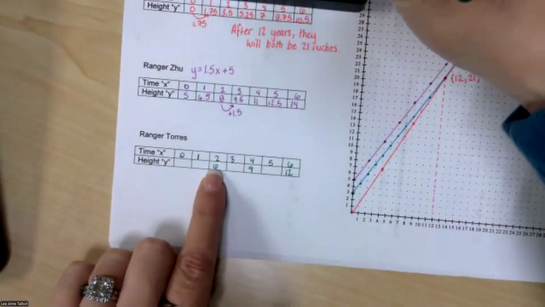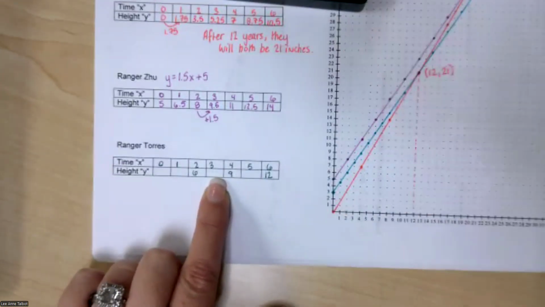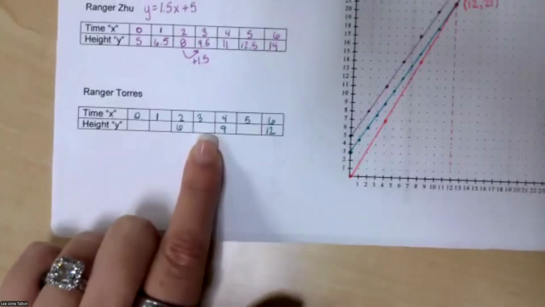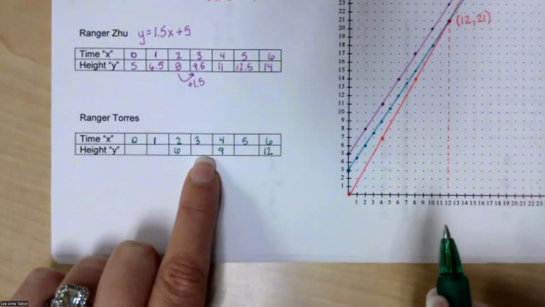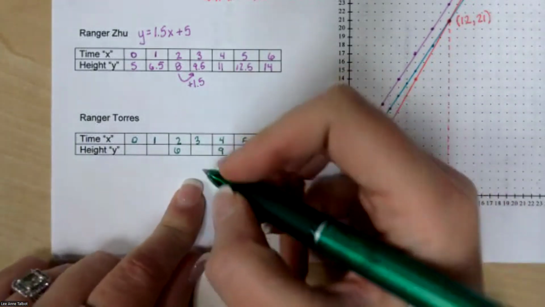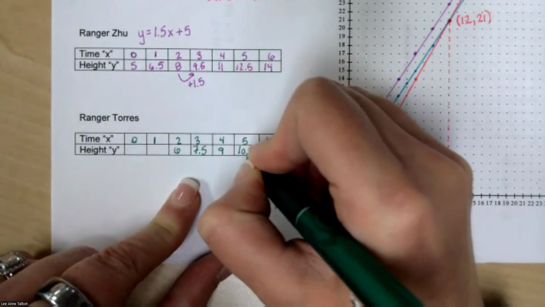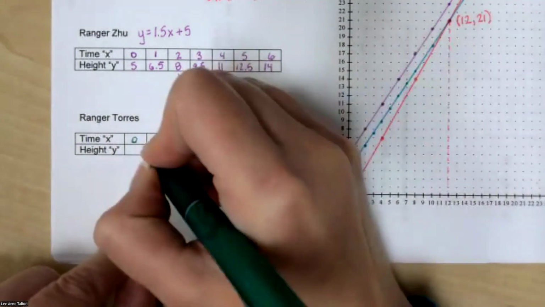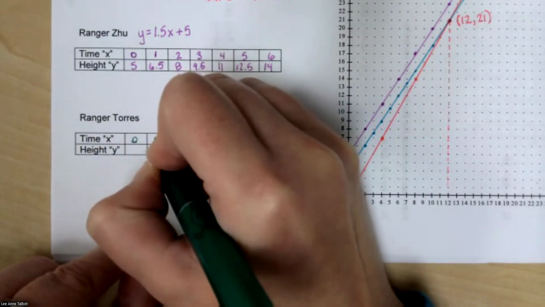Okay, now last one. Ranger Taurus. This going up by 1.5 also? Yes? Does this table look familiar? Are you getting any flashbacks?